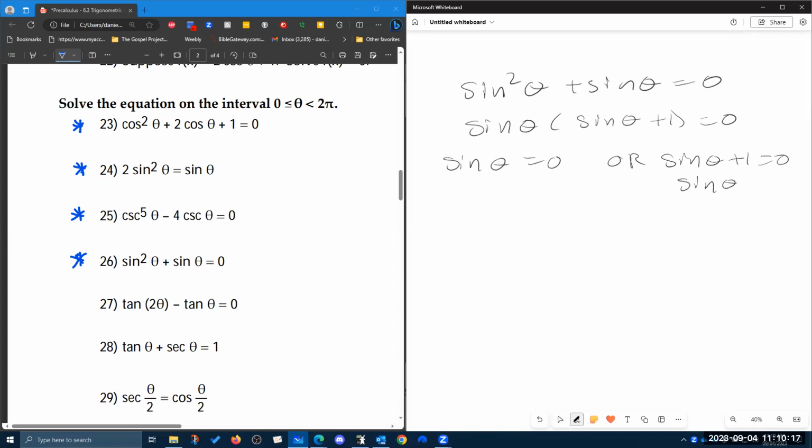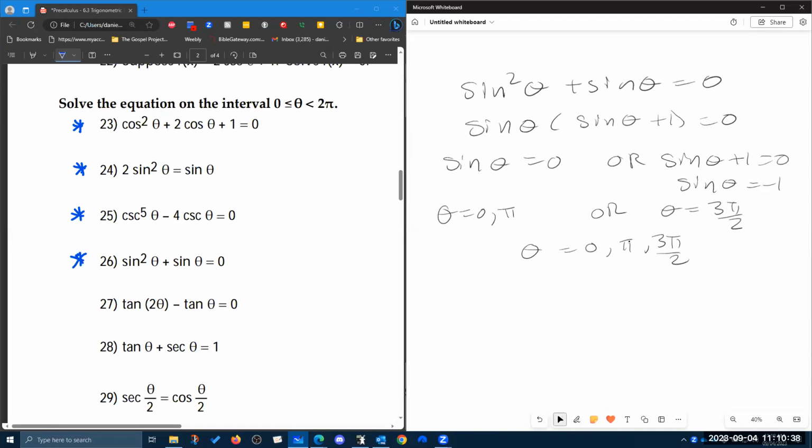So sine theta equals -1. So where is sine 0? That's at 0 and pi. Where is sine -1? That's at 3 pi over 2. So union those two sets together, and we have our answer.